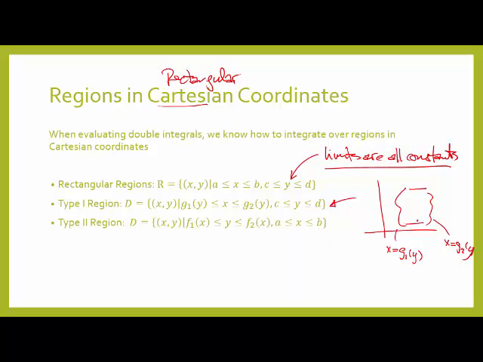And they're going to be your inner limits of integration, so that when you draw a line parallel to the x-axis, you're going to enter through g1 of y and then exit through g2 of y.